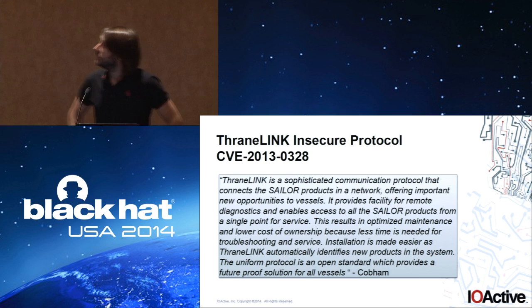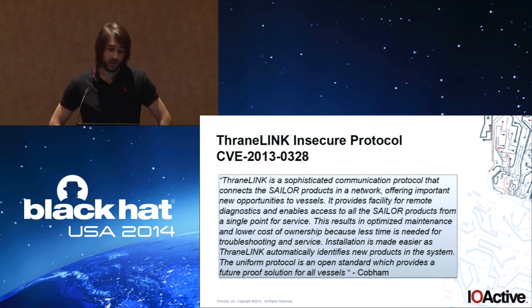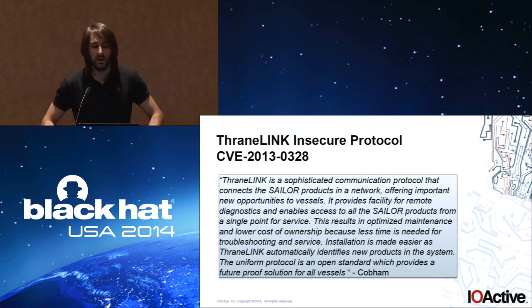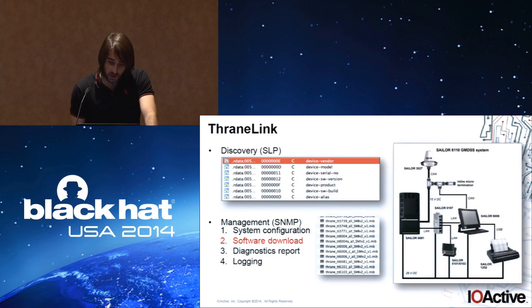Well, the Sailor products are also developed by Cobham, and they connect through TrainLink, which is a sophisticated communication protocol that connects the Sailor products in a network. So obviously, we have to know how that works, and basically it's two main parts.